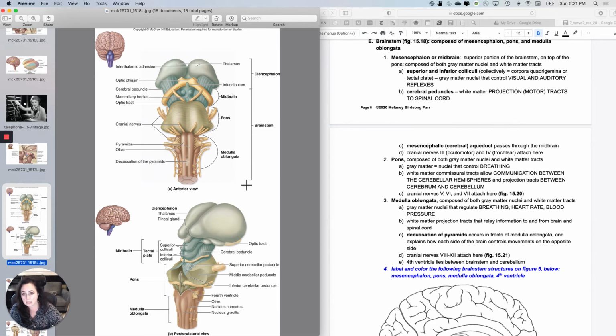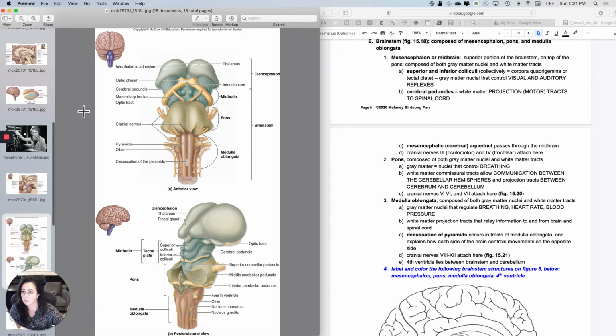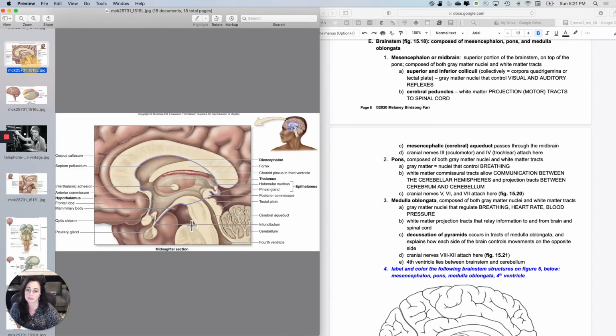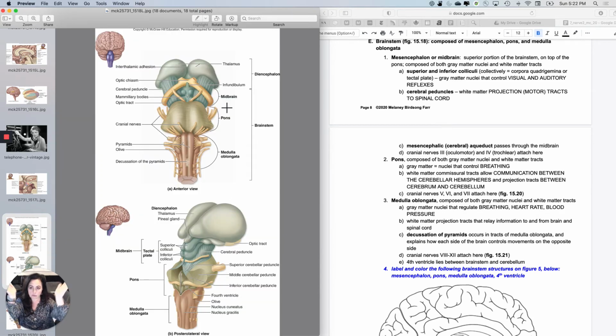And then this guy right here, do you see those? Okay. This part is the hypothalamus, part of the mammillary bodies, which are part of the hypothalamus. These guys right here are called the cerebral peduncles, and those are part of the midbrain or mesencephalon as well. Can't see them from this view because they're actually right back there. But on this picture, you can kind of tell that they're striped up and down.